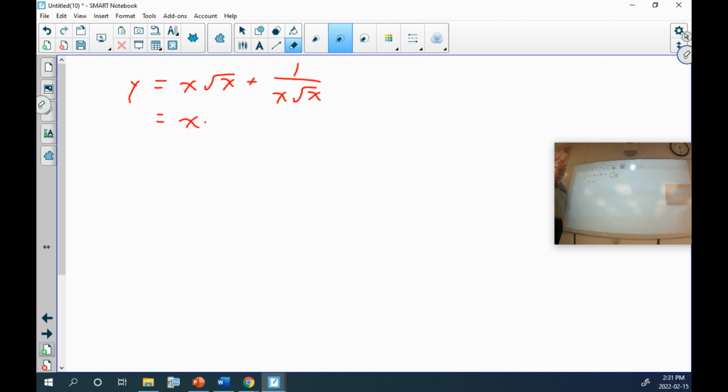How do I write square root x? Now I have x to the power of 1 times x to the power of 1/2, so I now get x to the power of 3 halves plus 1 over x to the power of 3 halves.